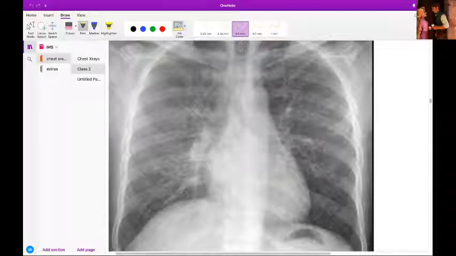Okay, mostly nodular, mostly very small, less than 3 millimeter, nodular diffuse opacity. What do you think it is?